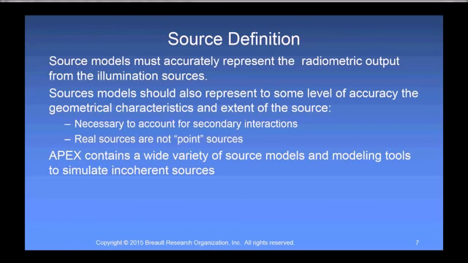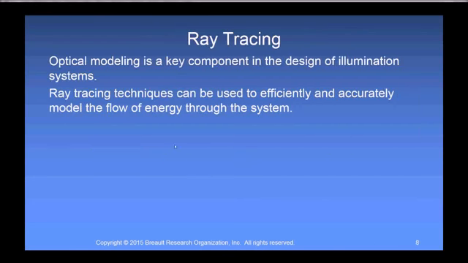And Apex does have a wide variety of source models and modeling tools available to allow you to simulate virtually any incoherent sources. And ray tracing is basically the technique where we transfer the energy from the source through the optical system, allowing us to then analyze what the output distribution is.